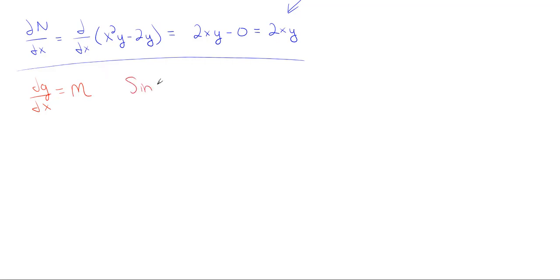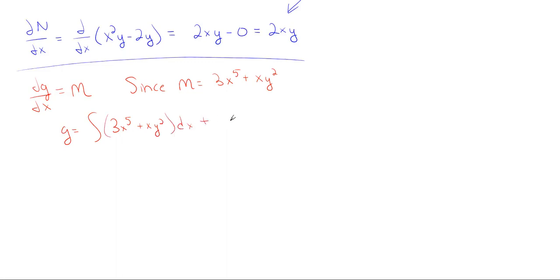Since m is 3x to the 5th plus xy squared, I'm just going to rewrite this a little bit instead of scrolling back and forth. g is equal to the integration of my m dx, so it would be 3x to the 5th plus xy squared, all of that with the dx.